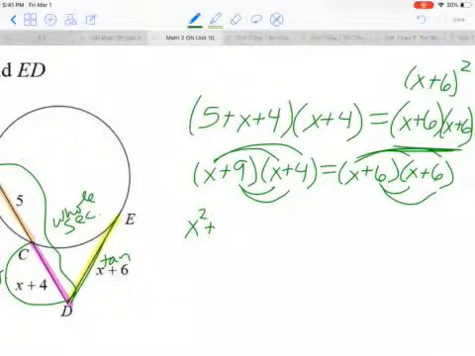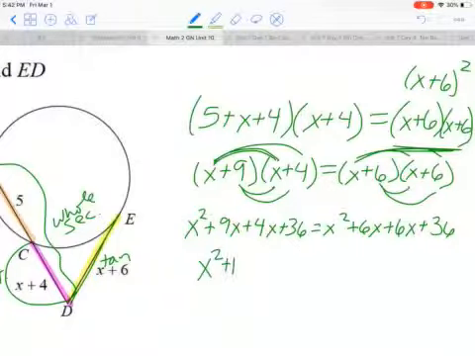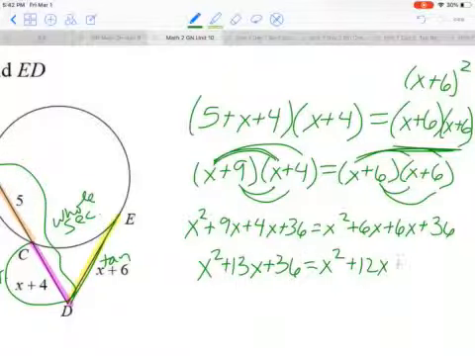So we get, let's see, x squared plus 9x plus 4x plus 36 equals x squared plus 6x plus another 6x plus 36. Make sure you times those last pieces, 6 times 6. And you can start to add like terms. So x squared plus 13x plus 36 equals x squared plus 12x plus 36.